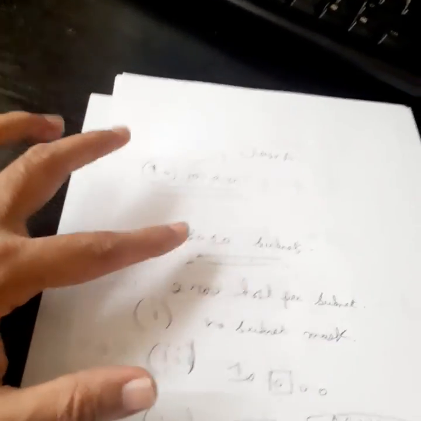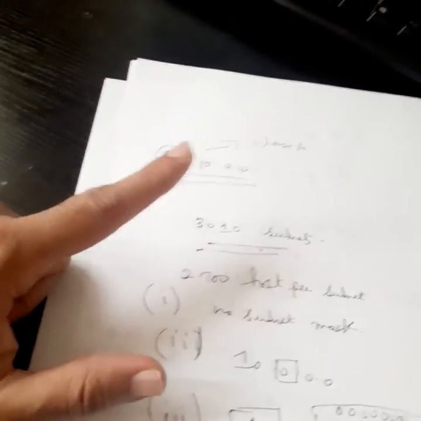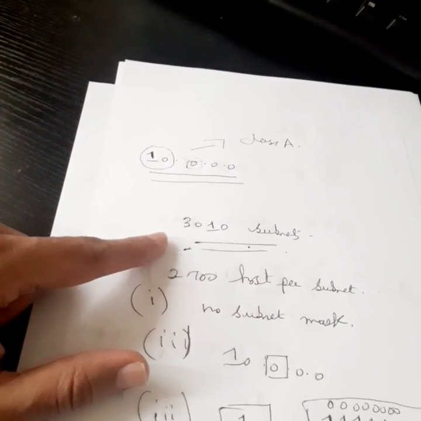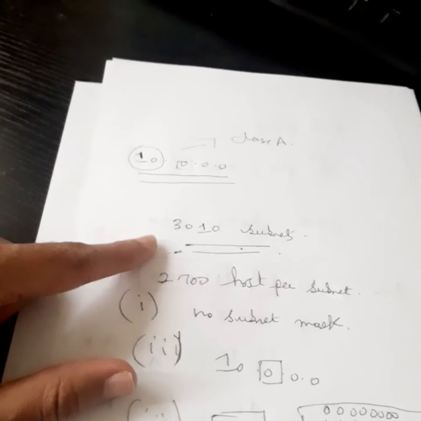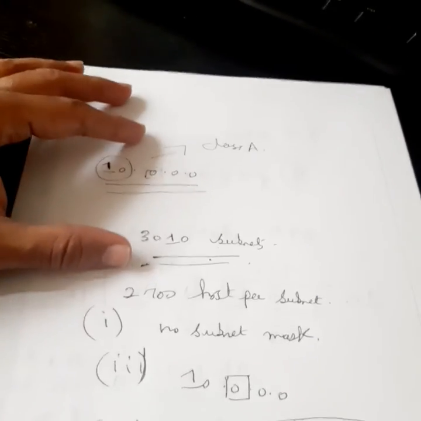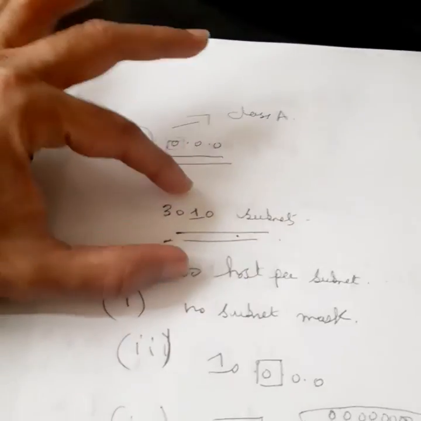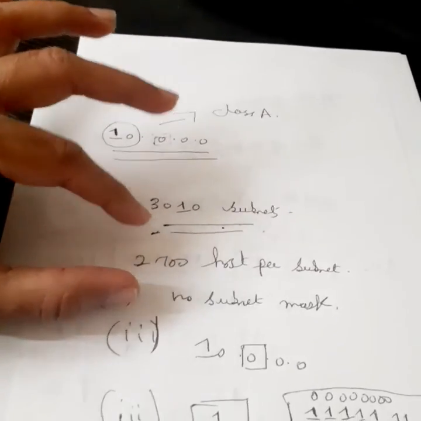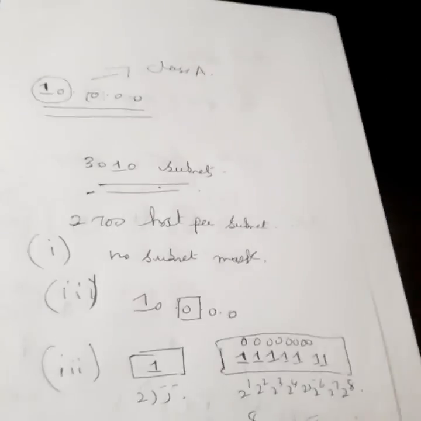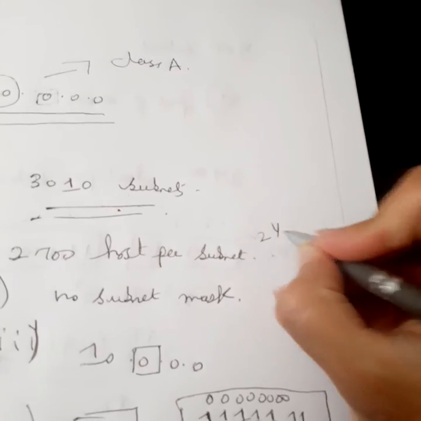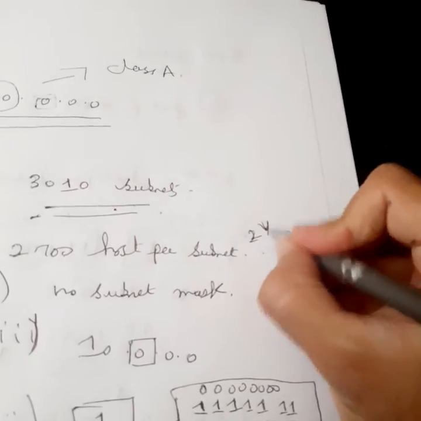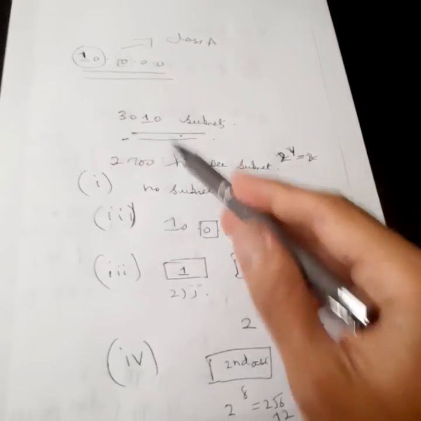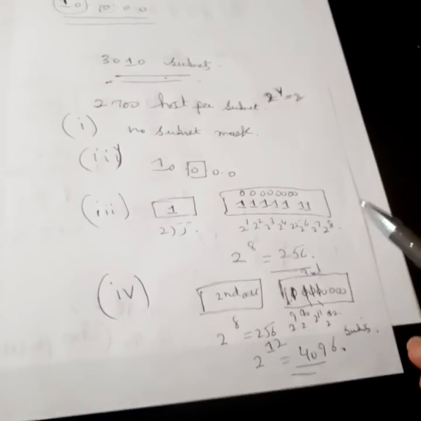They'll say, okay, can you find 3010 subnets, and then you have to find out hosts per subnet. But remember, the formula for hosts per subnet is 2 to the power y minus 2. So you find it this way. Then we have to do all these bits and pieces.